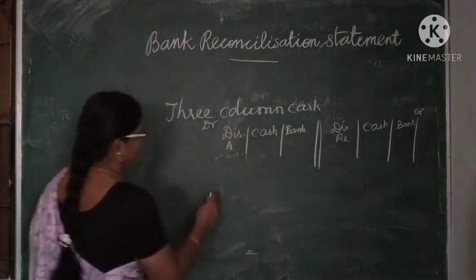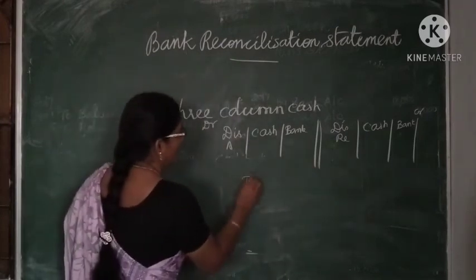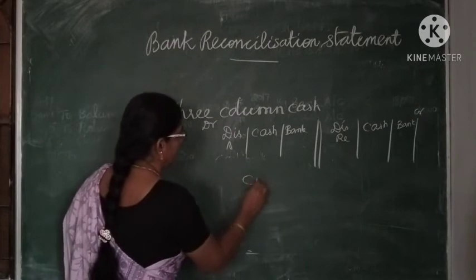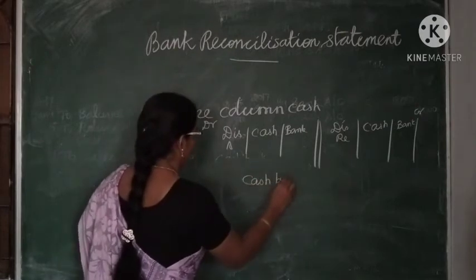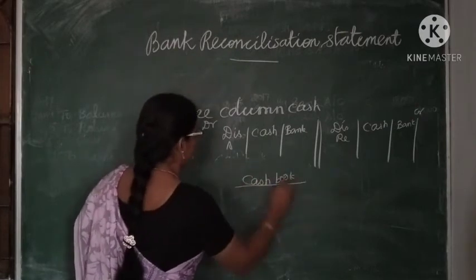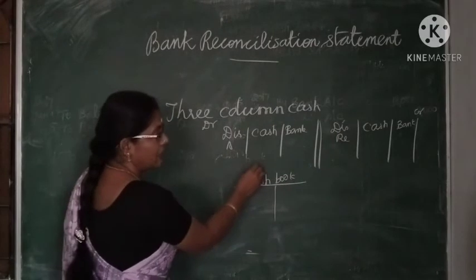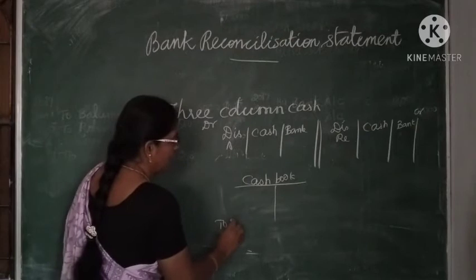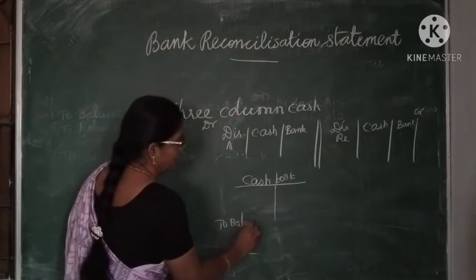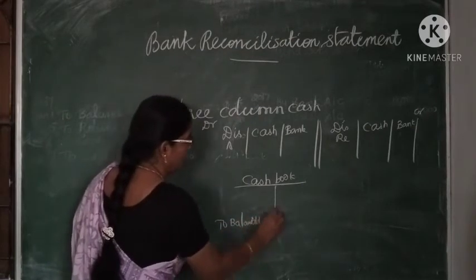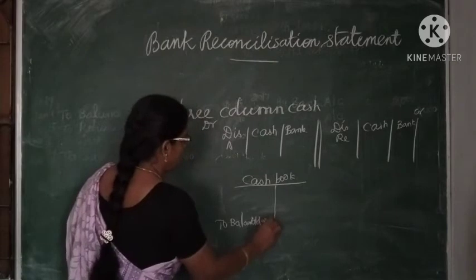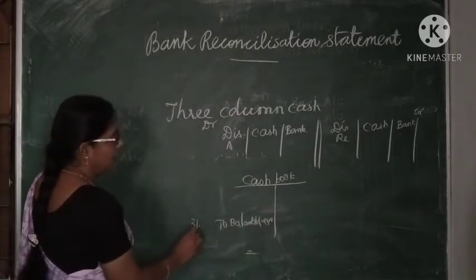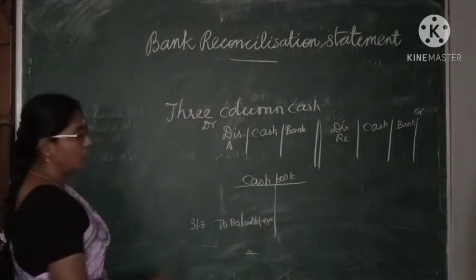For example, we can take this as a cash book. In a triple column cash book also, on this debit side, you can write closing balance. To balance brought down, how many rupees? 20,000. So on 31st March, you are going to get the balance.